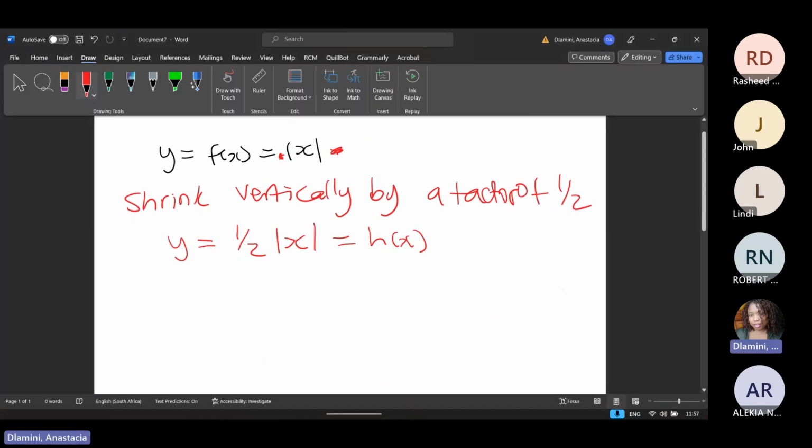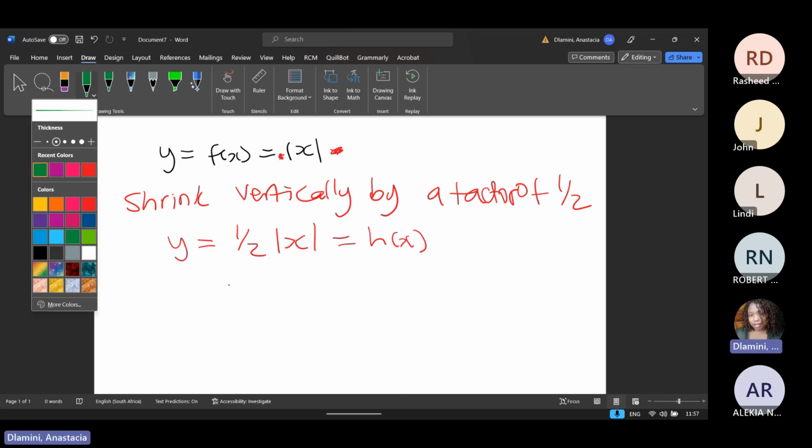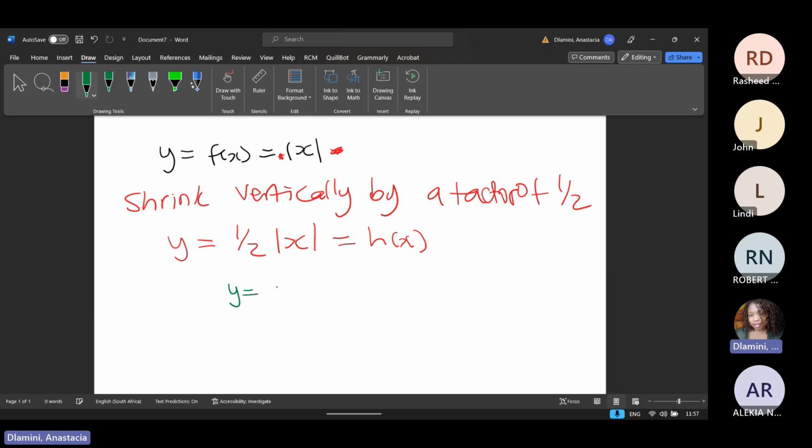If you have y equals f of x, and you want to shift c units to the right, it means that it will be y equals f of x minus c.